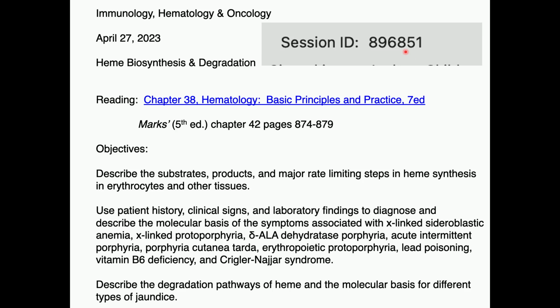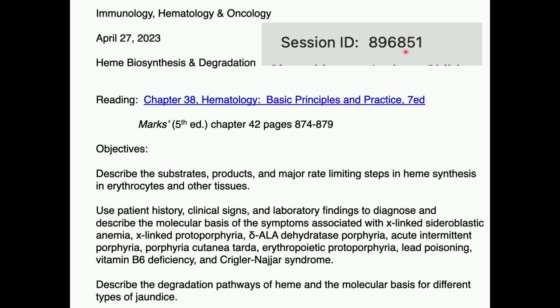Okay, pretty straightforward. So the topic for today is heme synthesis and heme degradation. We're going to kind of gloss over heme function because we've talked about that in other contexts. The pathologies, most of them are porphyrias, and they're a little bit difficult to distinguish one from the other, although I'll give you some strategies to do that.